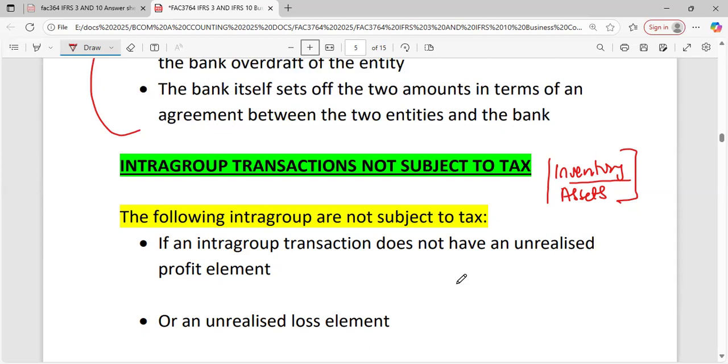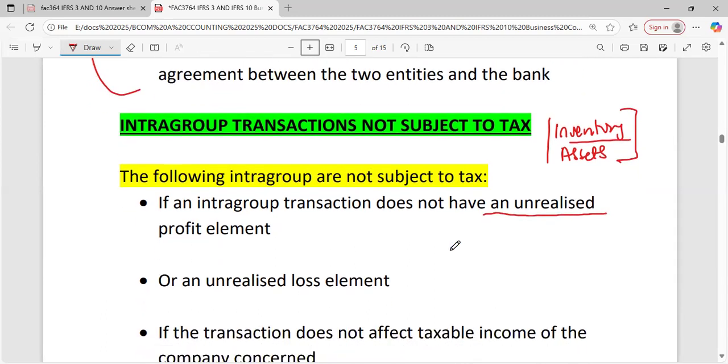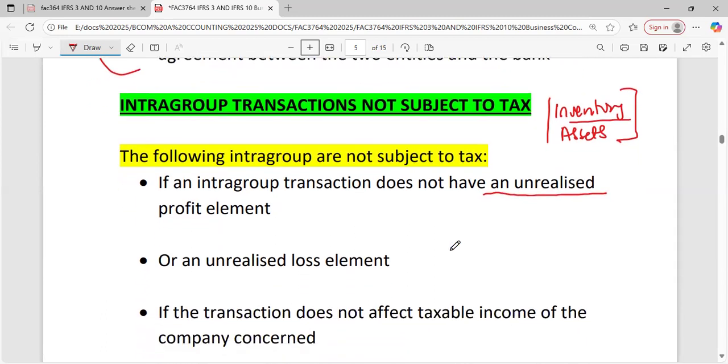I think you are going to see when we do some of the questions. So these are transactions that are not subject to tax. We have, if there is no unrealized profit, as long as there is no profit, remember we eliminate unrealized profit.